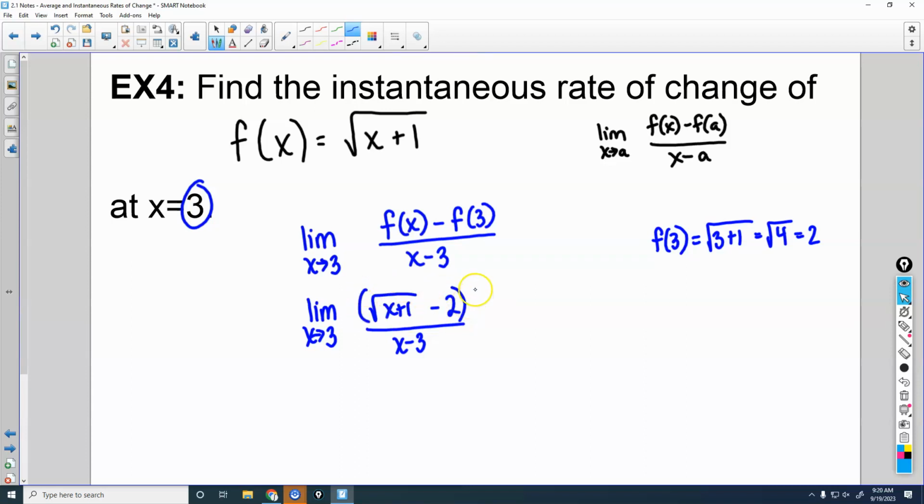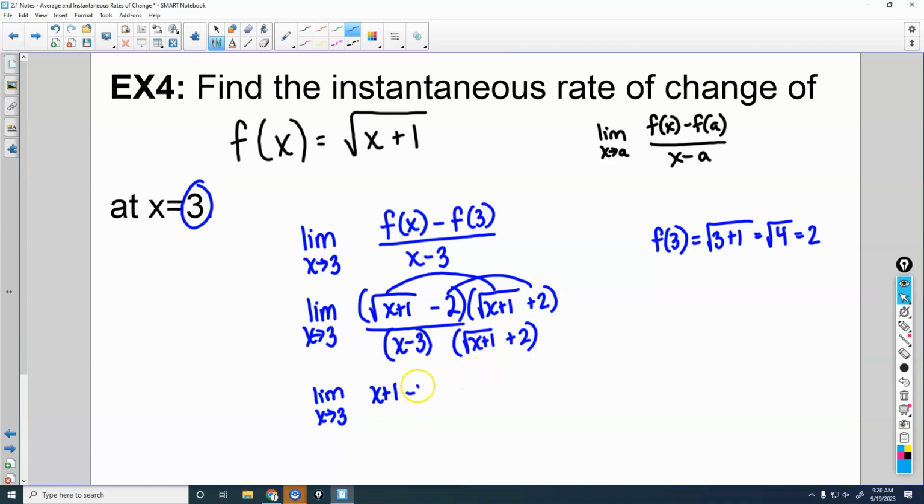Multiply by the conjugate. So we are multiplying by square root of x plus 1 plus 2 on top and bottom. And so when we do that, this will give us x plus 1. Okay? The outside and insides will cancel. We'll just have to multiply here and we'll get a minus 4.